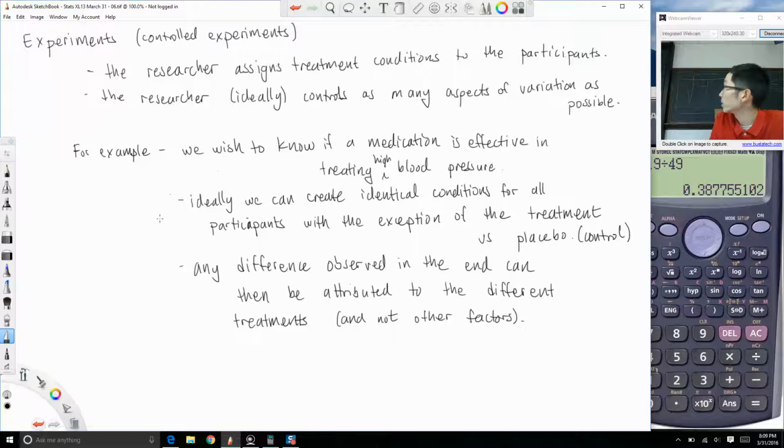So with an experiment, we can make cause and effect conclusions, if the data support it, right?